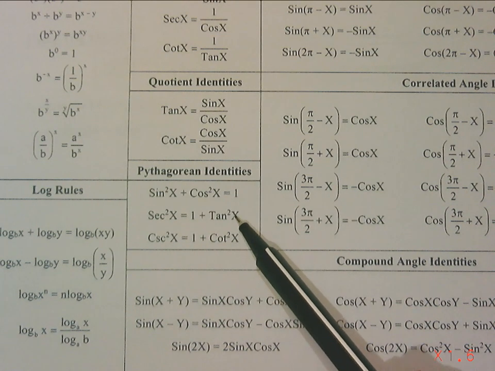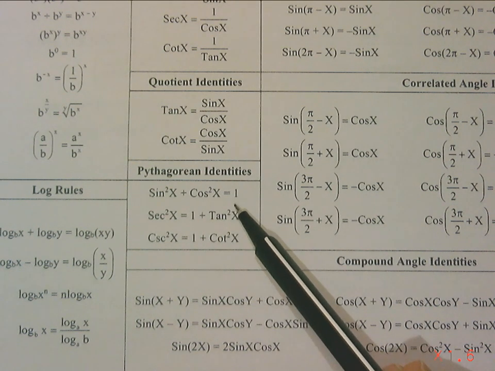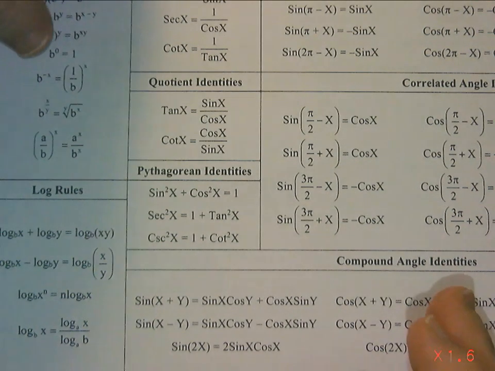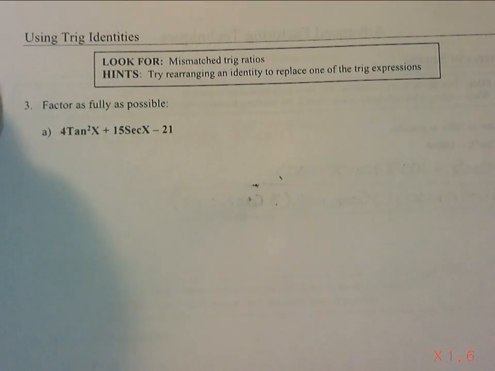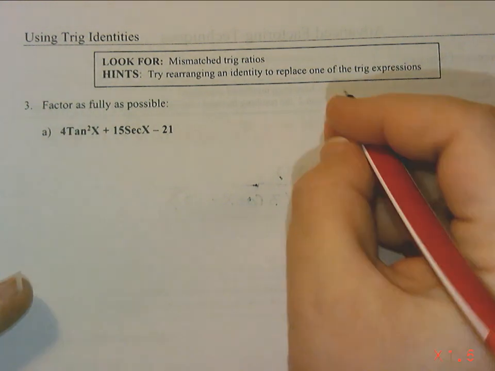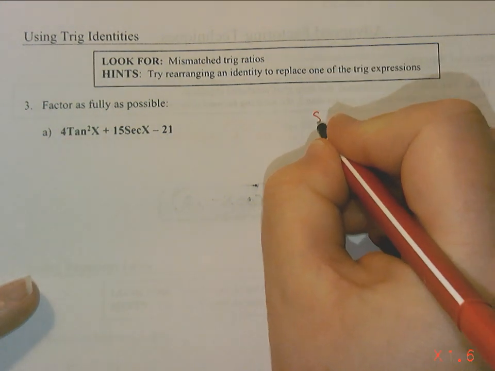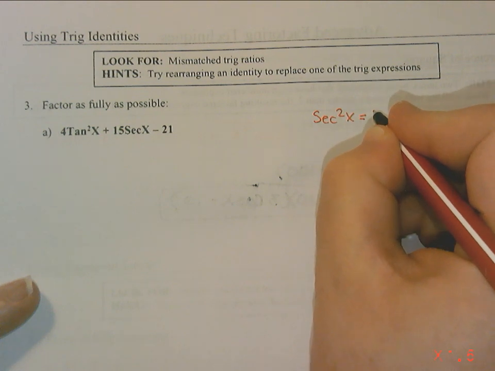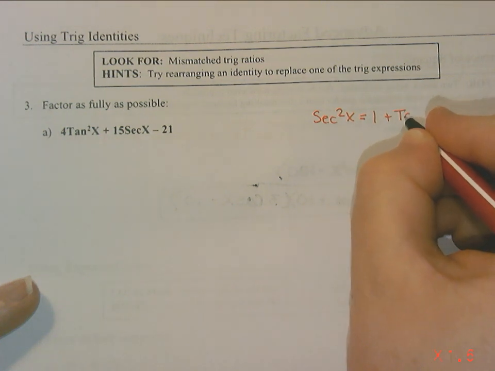So I'm thinking we might be able to find a way to rearrange this so that we can write tan squared x using secant squared x. I am just going to do a little rearranging off to the side. So the identity is that secant squared x equals 1 plus tan squared x.